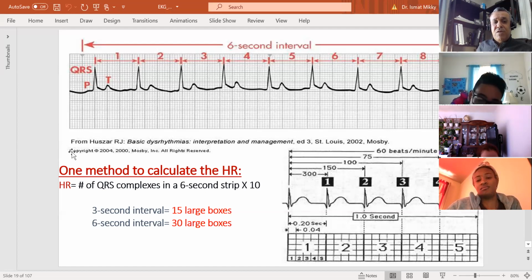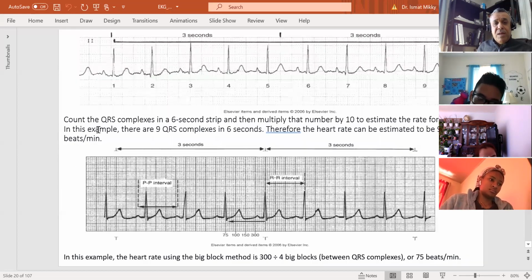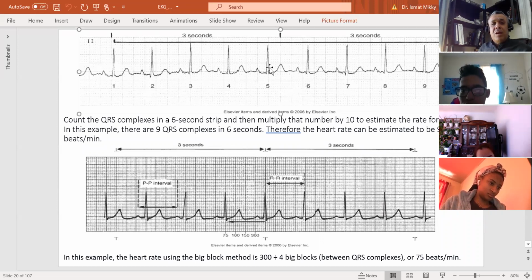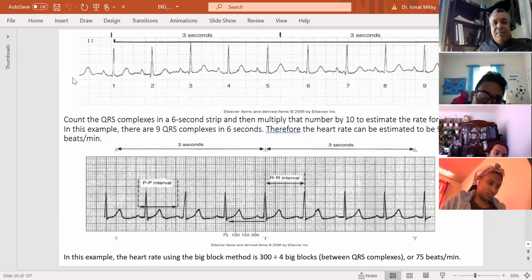So this is another method of calculating the heart rate. Dysrhythmias. Let's take this example of an EKG strip and try to analyze it.